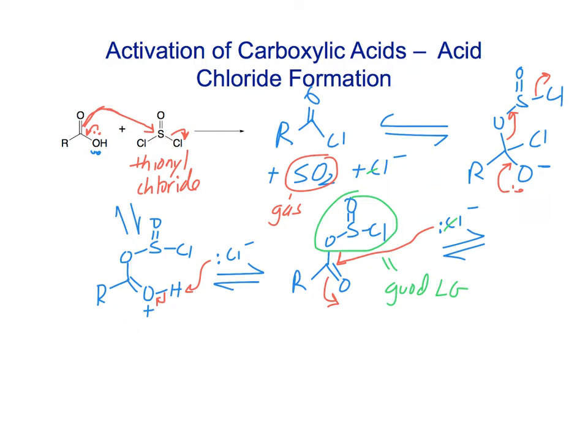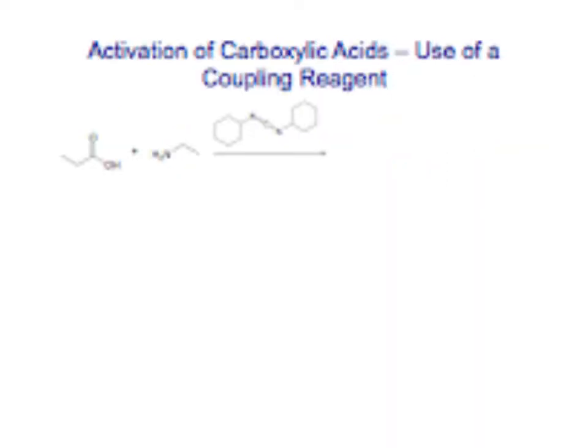All right, so then once we've made that acid chloride, of course, we can make any of the other carboxylic acid derivatives from there. So this is one way to do this. The other way uses some reagent that we could call a coupling reagent.